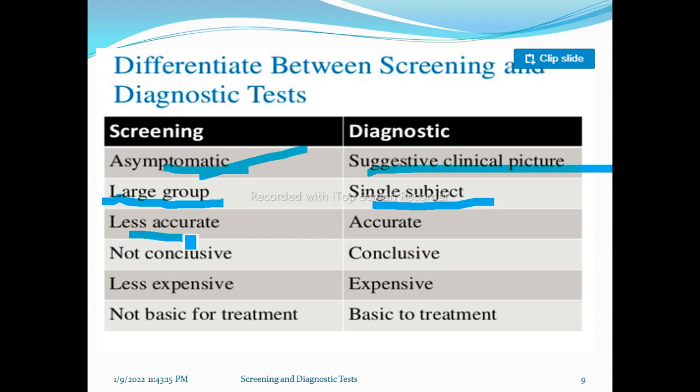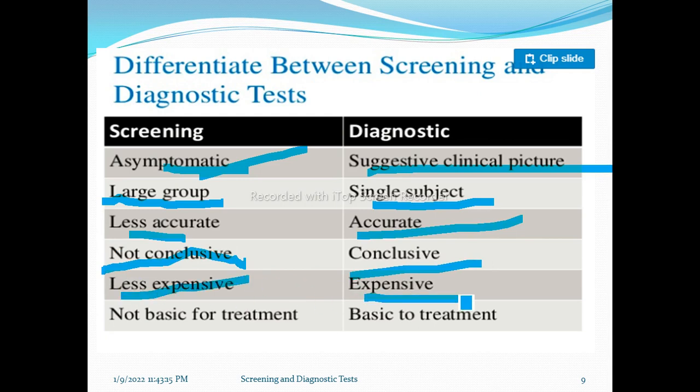Screening may be less accurate, and diagnostic is more accurate. Screening is not conclusive, diagnostic is conclusive. Screening is less expensive, diagnostic is more expensive. Also, screening is not the basis for treatment, whereas a diagnostic test is intended to order the treatment.